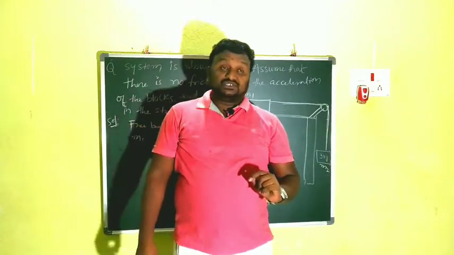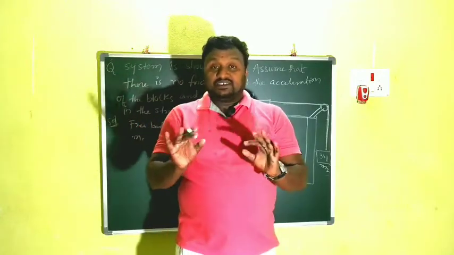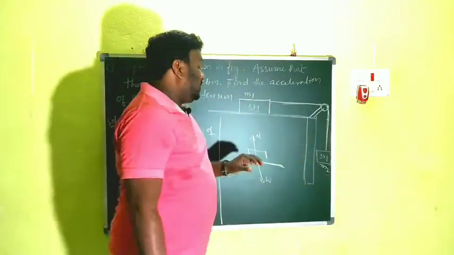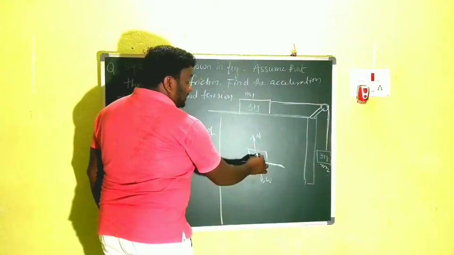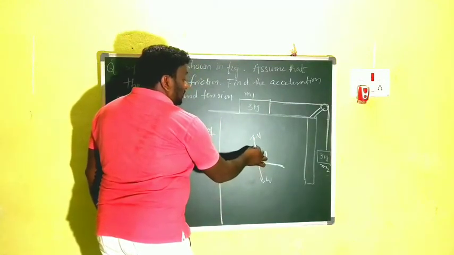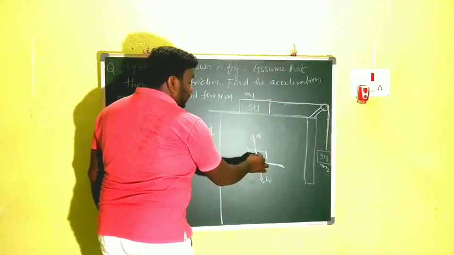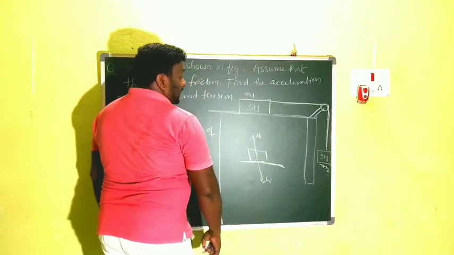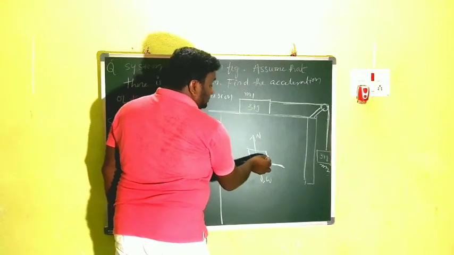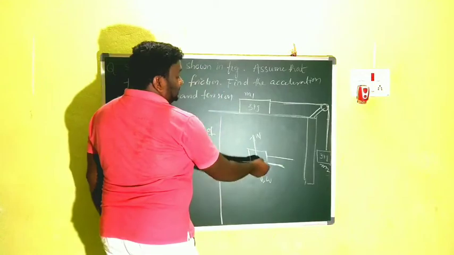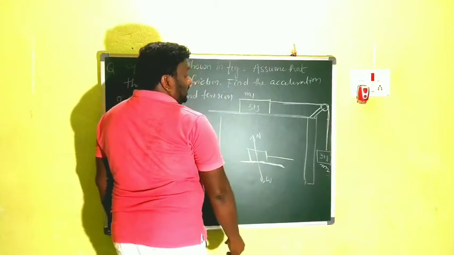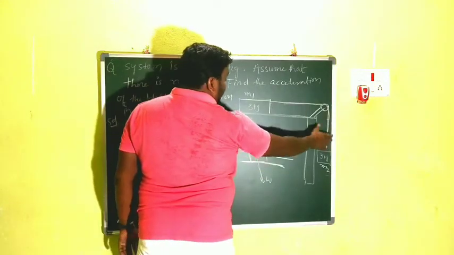Clear, children? So simply remember that when the object is on a surface, the upward force is the normal force and downward is the weight. And after that the first body is connected like this with a rope.